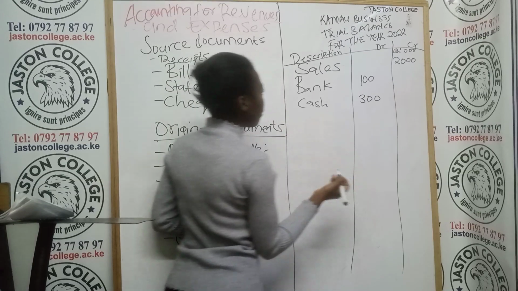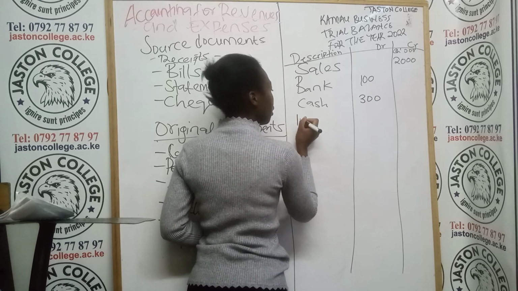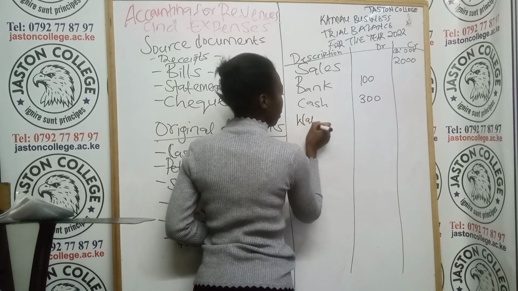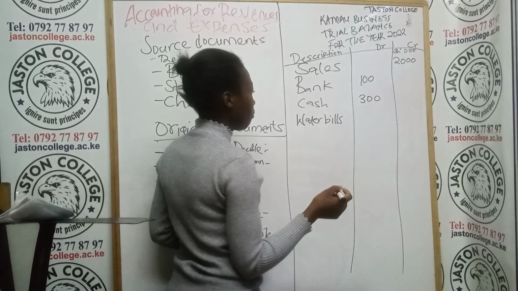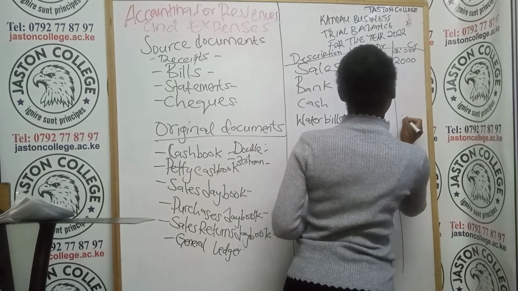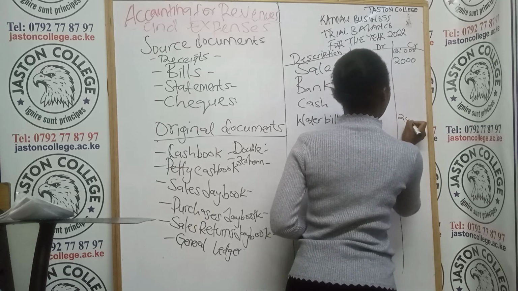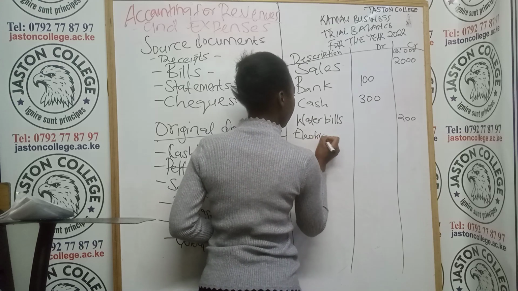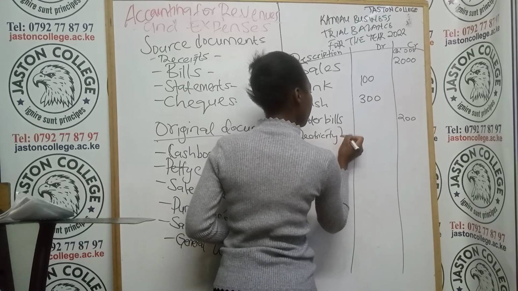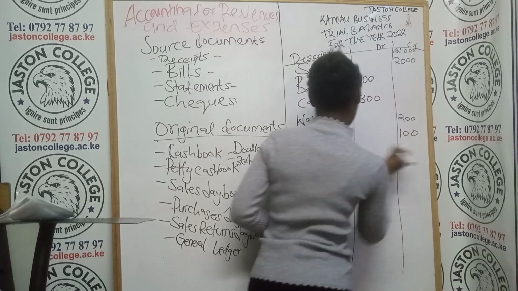Then we have expenses. Let's say like water bills, we have them like 200. Electricity, 100.